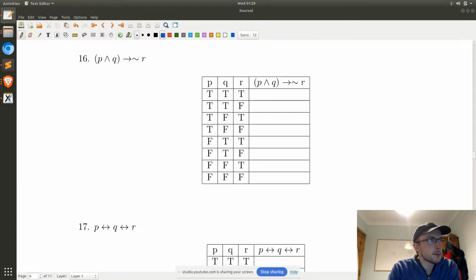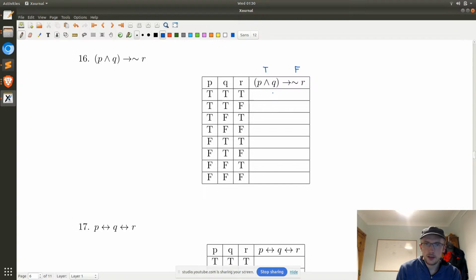P and Q implies not R. Let's see what we can do. So this is only false when it's of the form TF. But that's a lot of work to do, so just literally run it through.